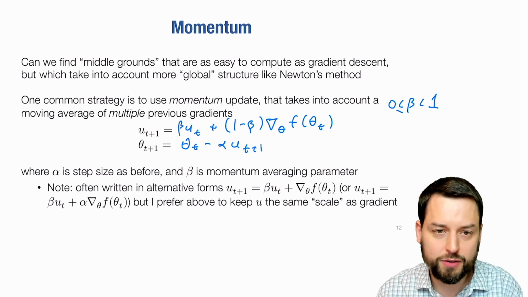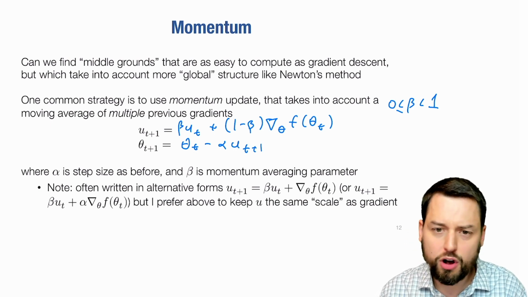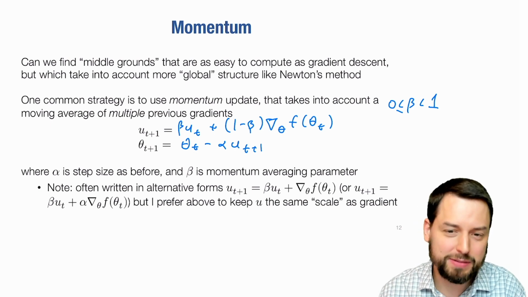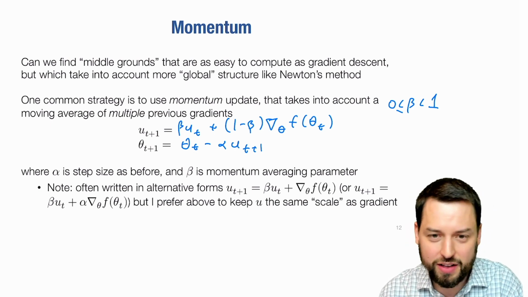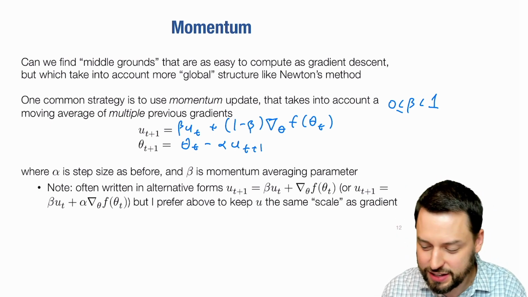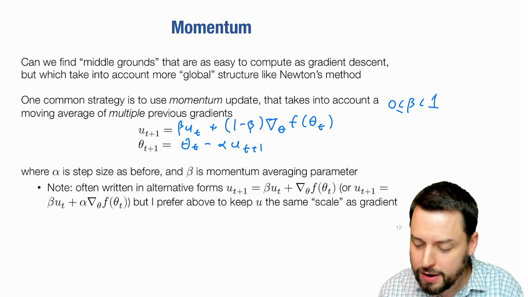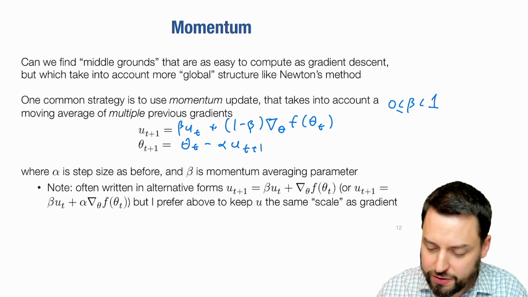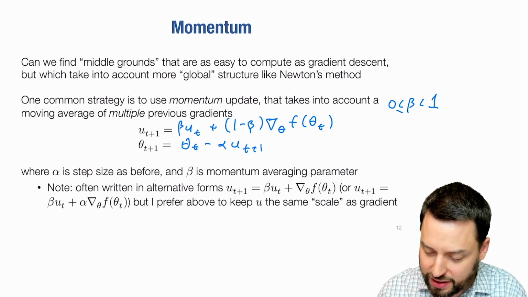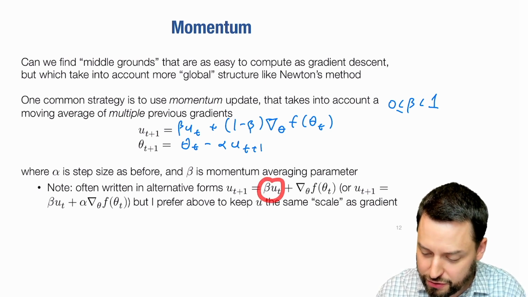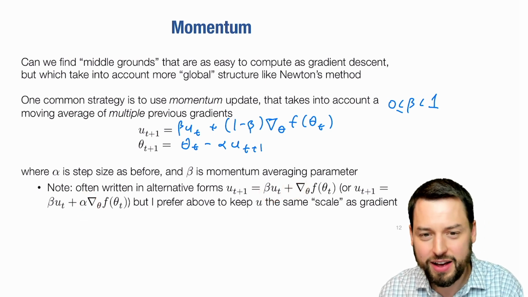Right, and that's our update for momentum. It's also called Polyak momentum and has a bunch of other names that have been discovered many times, like the heavy ball method. It has many different names, but it's typically called momentum. Now, this is often written in other forms too. People often write it with no beta on the scaling, or maybe you add alpha on the scaling there.